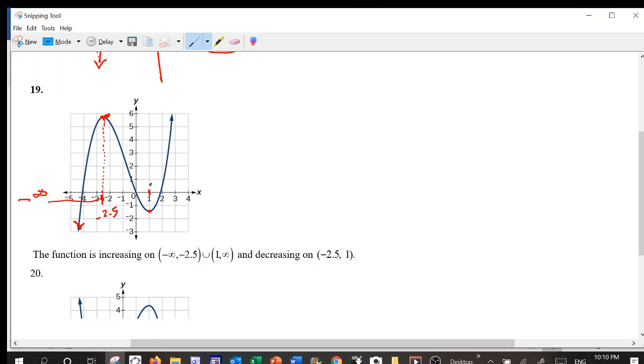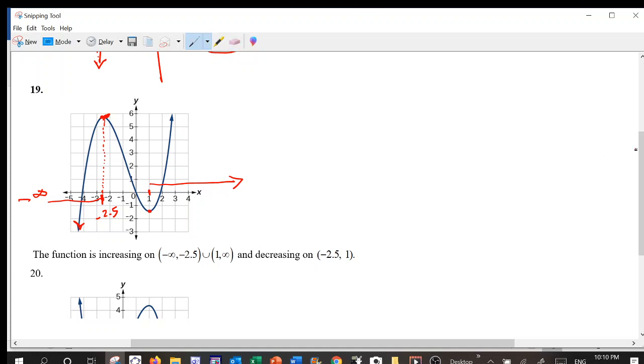So from 1 to infinity also, the function values are increasing. So we put a union in between. When we have two parts of the domain where the function is increasing, we can put a union. Okay, so that's the answer to number 19.